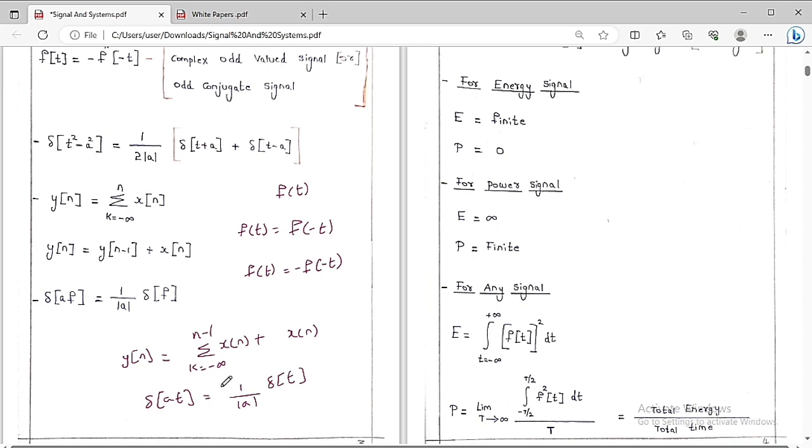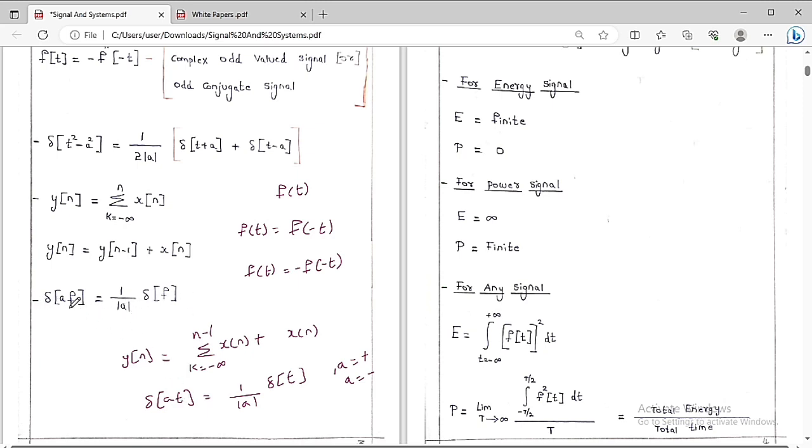Therefore delta of a t is equal to 1 by mod a delta of t, where a can be either positive or negative. I have already told you a can be positive or negative, and t is a dummy variable. We can replace t by x, or by any variable like f also. So basically delta of a f is equal to 1 by mod a delta of f.